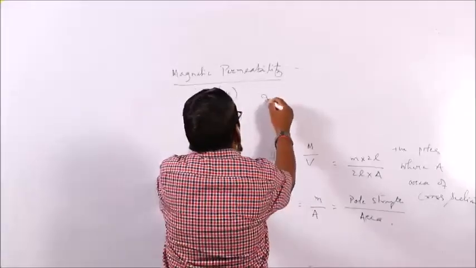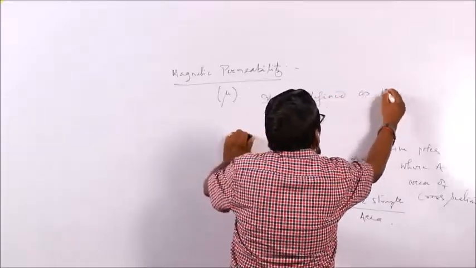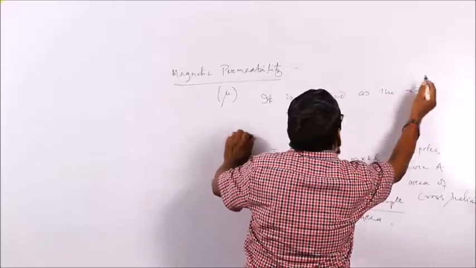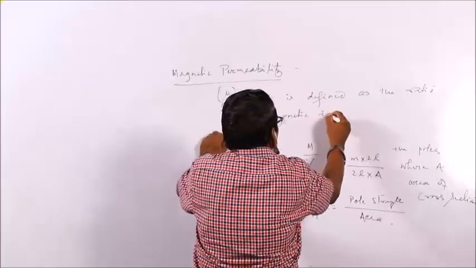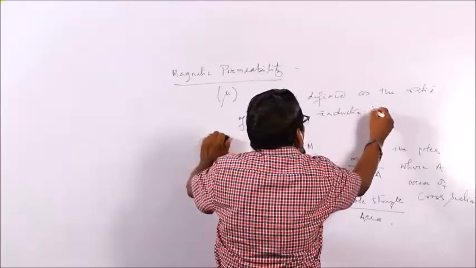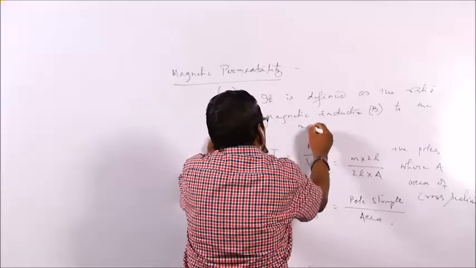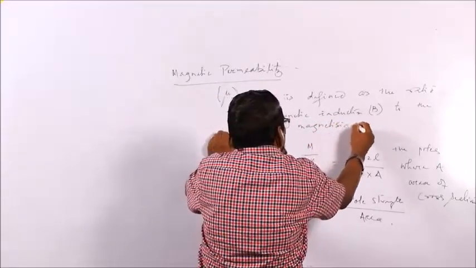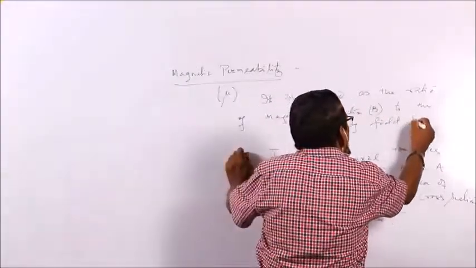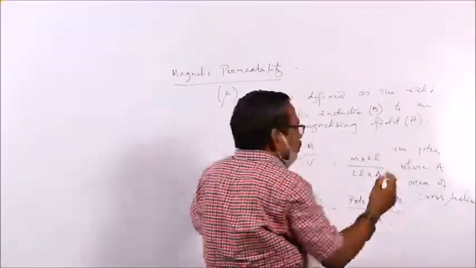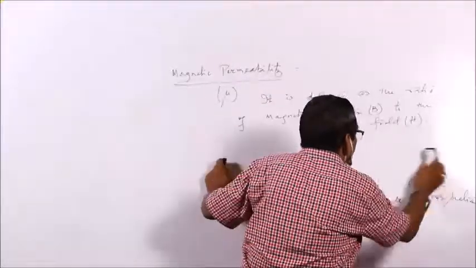It is defined as the ratio of magnetic induction, symbol B, to the magnetizing field, denoted by H. You can also call it magnetic induction per unit magnetizing field.